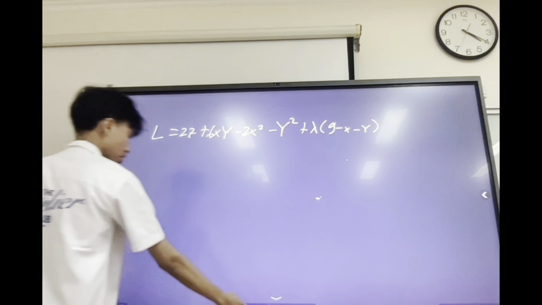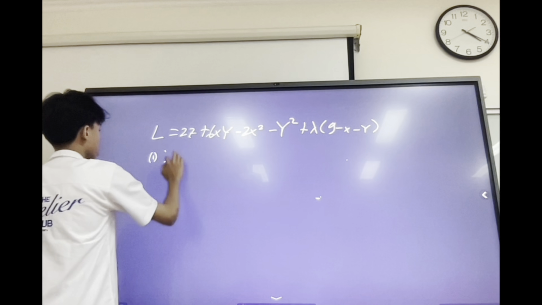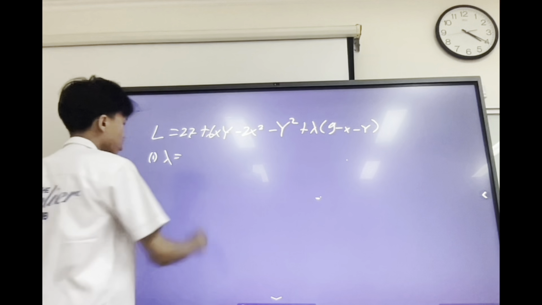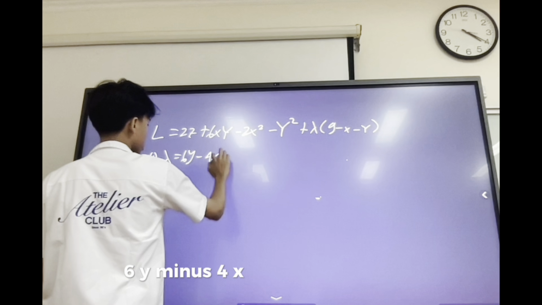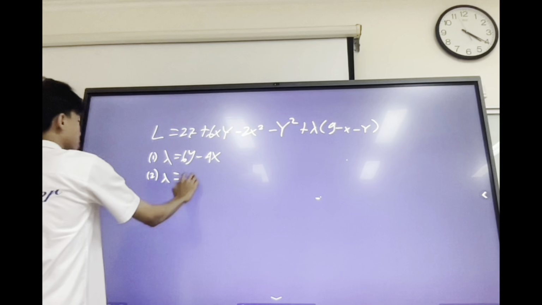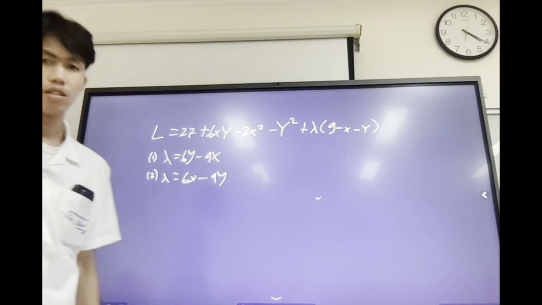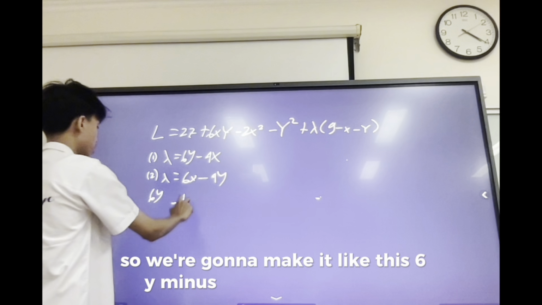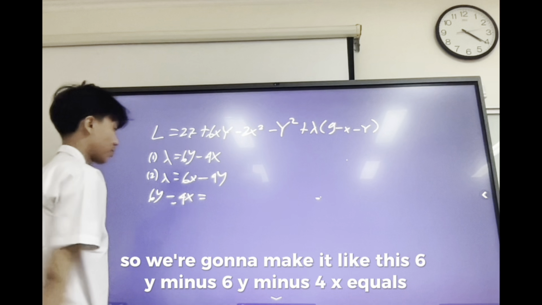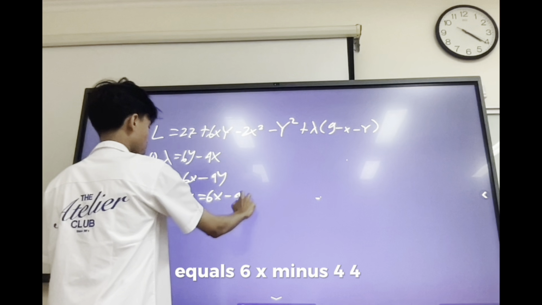So first, lambda equals 6y minus 4x, and the second equation is 6x minus 4y. So we're going to make it like this: 6y minus 4x equals 6x minus 4y.